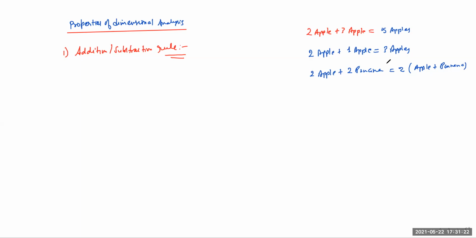Let's say you know the formula S equals ut plus half at square. You all know this formula from kinematics, or you might have heard of V equals U plus at. Now, what if I make it half at? Will it make any difference dimensionally?